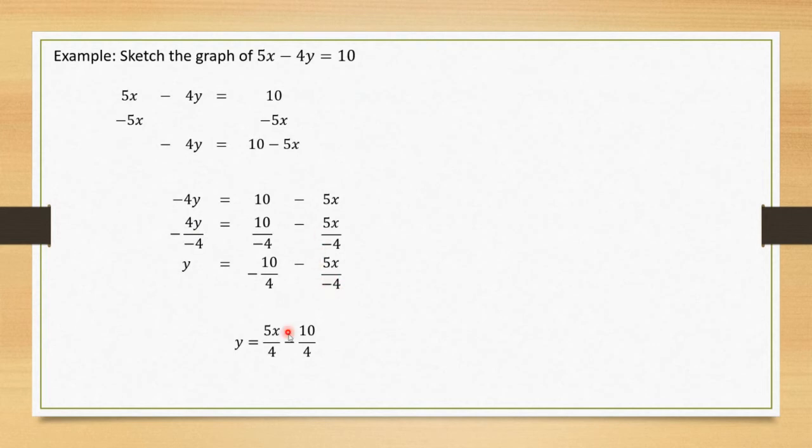And now all I did to get from here to here, a minus a negative becomes addition, plus that is. And I basically just interchanged the order of these. I have minus 10 over 4 plus 5x over 4, and I wrote that as 5x over 4 minus 10 over 4. I kept the minus sign with the 10 over 4, as you can see.